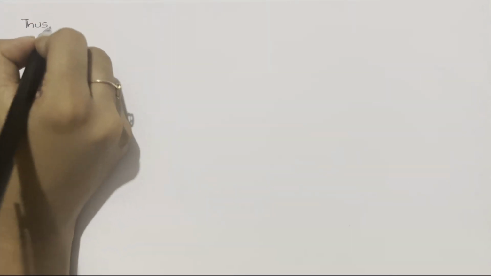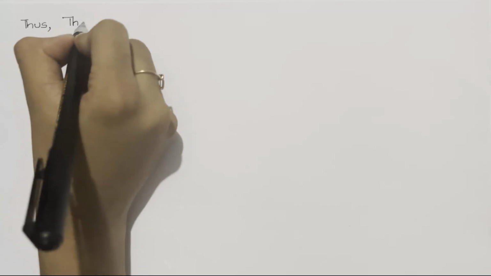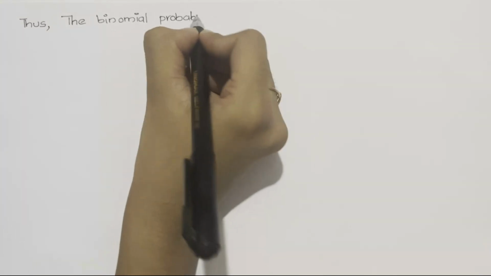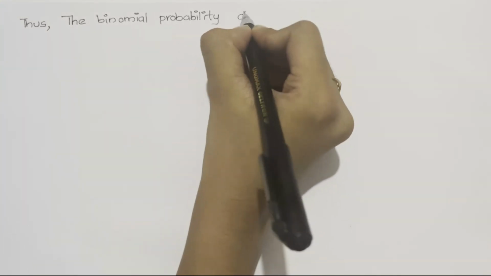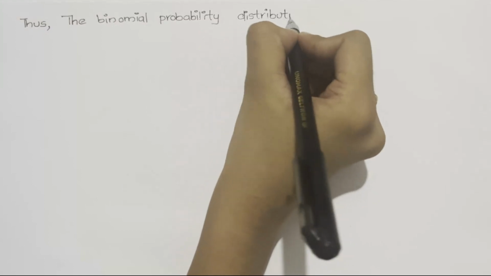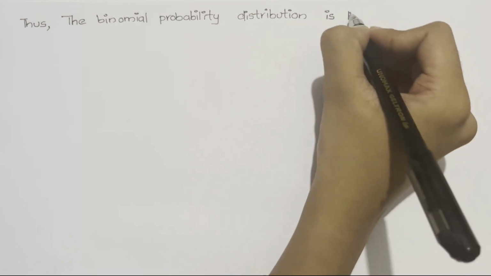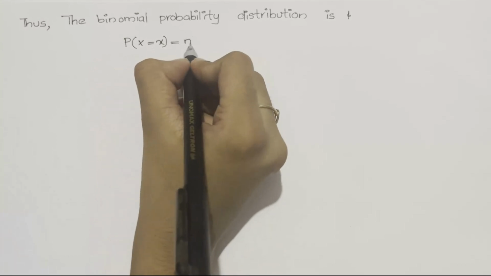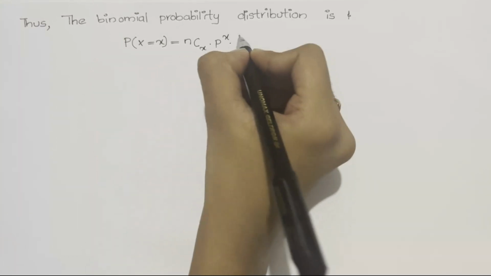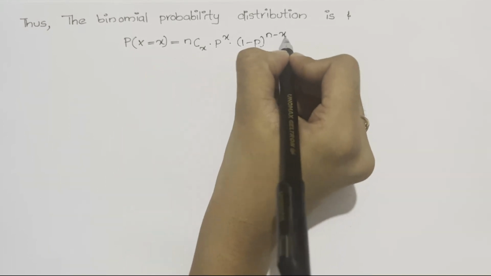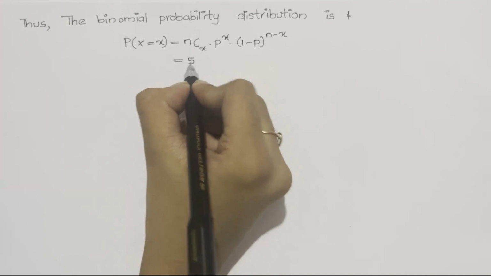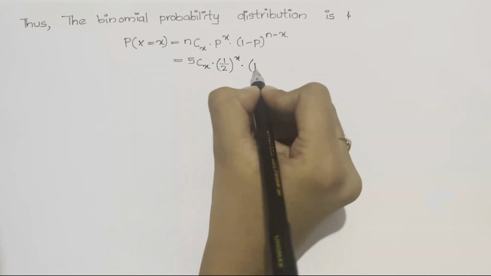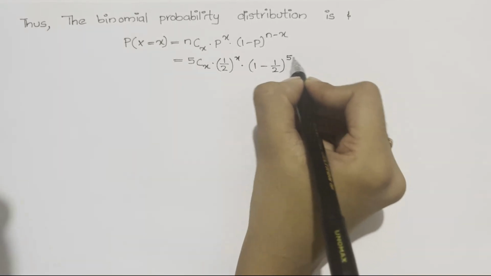Thus, the binomial probability distribution is P of X equal to x equal to nCx into p raised to x into (1 minus p) raised to n minus x, equal to, here n is 5, 5Cx into probability of success is 1 by 2, (1 by 2) raised to x into (1 minus 1 by 2) raised to 5 minus x.